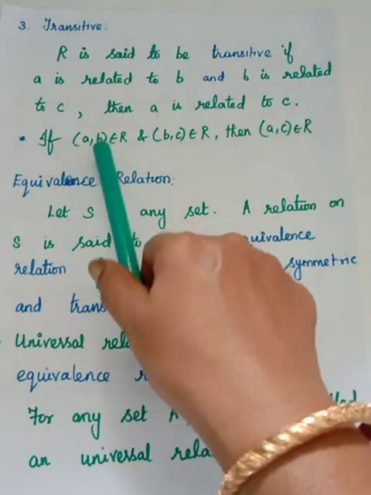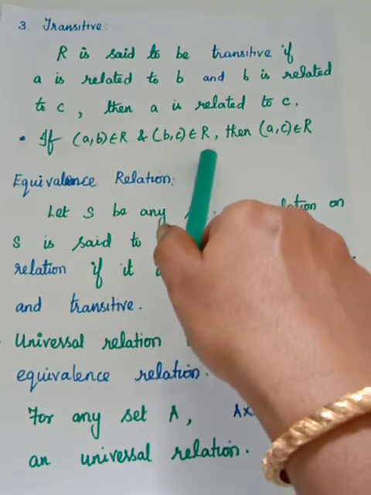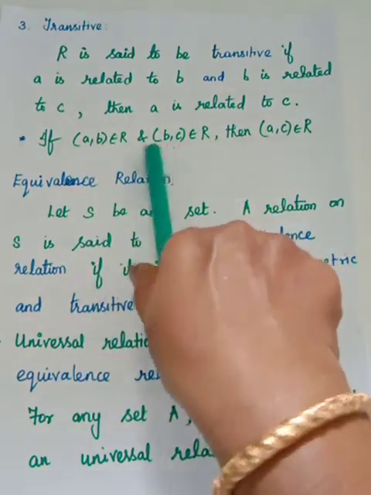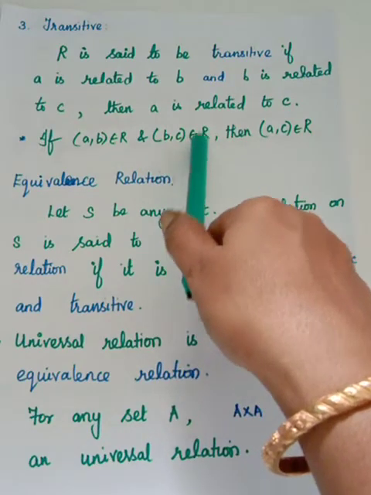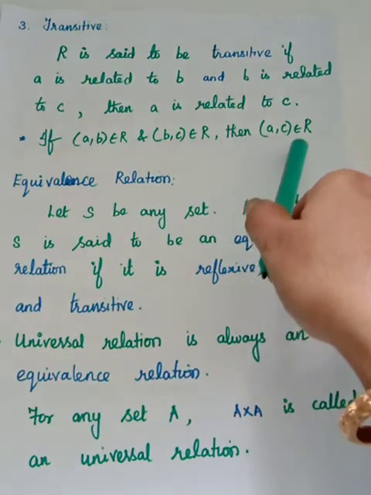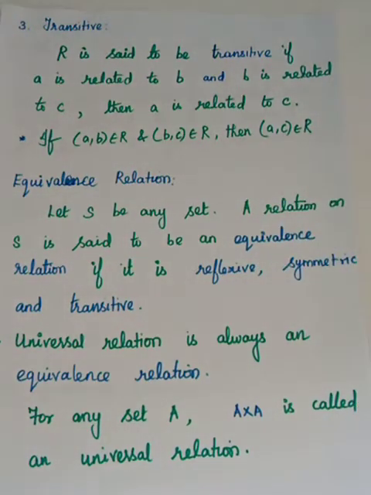So for transitive, two ordered pairs should be in R, that is the ordered pair A comma B and the next one B comma C. Okay, if these two ordered pairs are in the relation, then A comma C also belongs to R, which means we can say that the relation is said to be transitive.